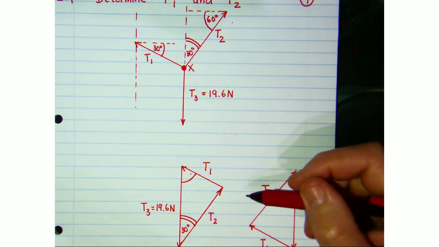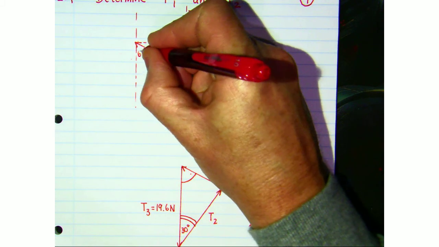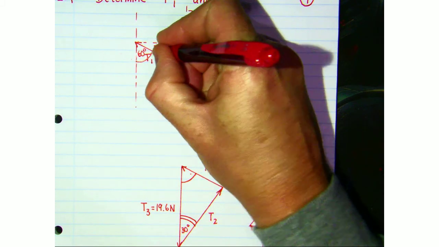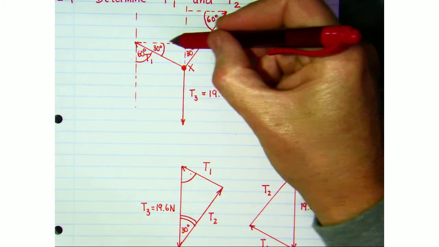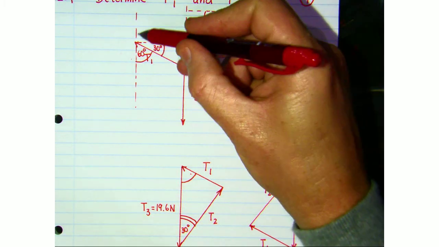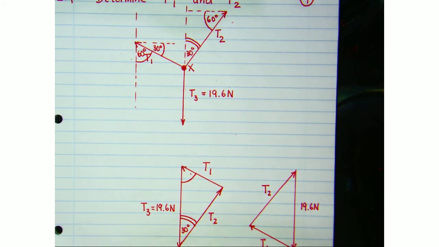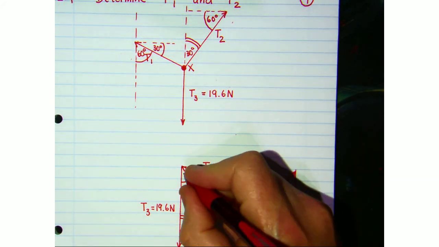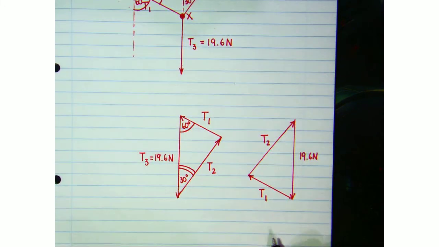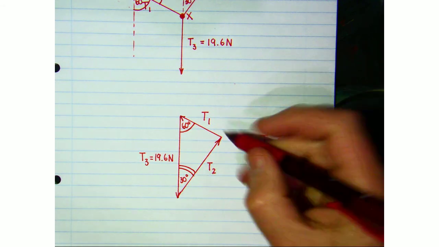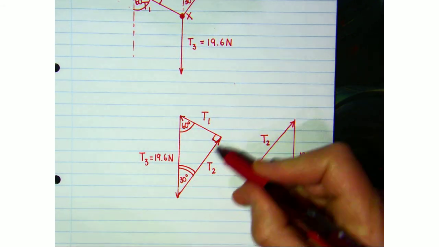And that's 60 degrees. Because the ceiling was horizontal, that was 30. So the vertical must make an angle of 60 degrees with T1. So that gives us 60 degrees, and then we know by the angles of a triangle that this is a right angle, because they've got to add up to 180.